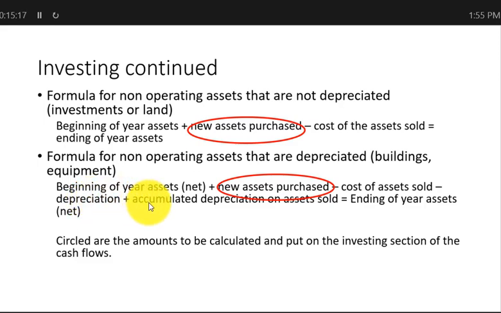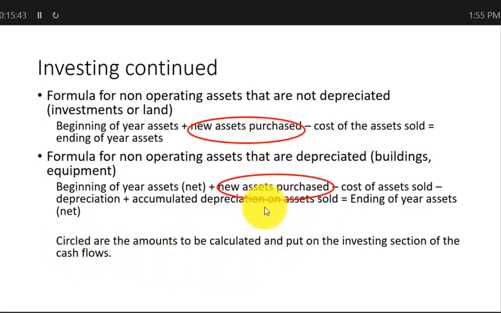And you have the accumulated depreciation. You subtract the accumulated depreciation and add the accumulated depreciation on the assets sold. So now we're talking about having to consider not just the change in the assets, but also the change in the depreciation.